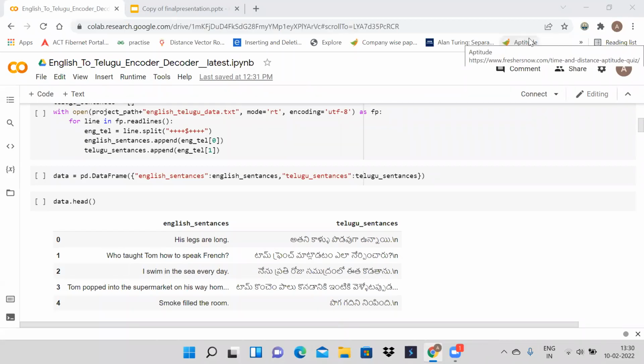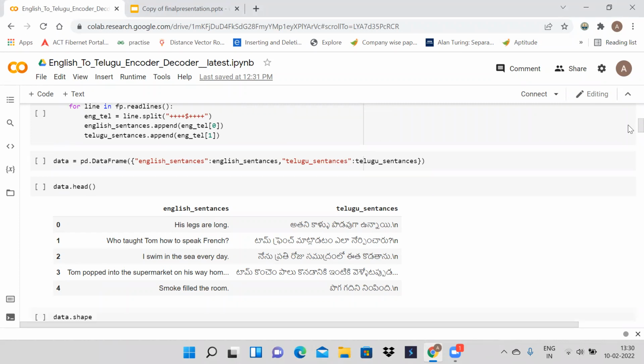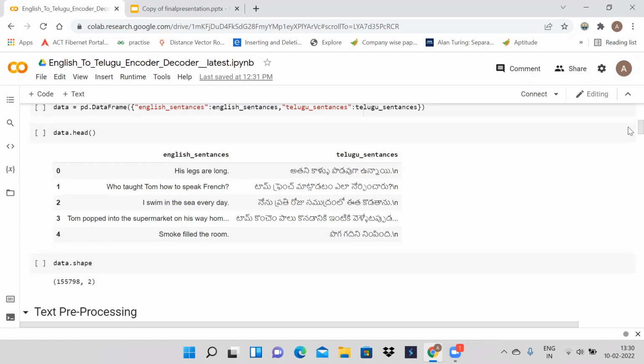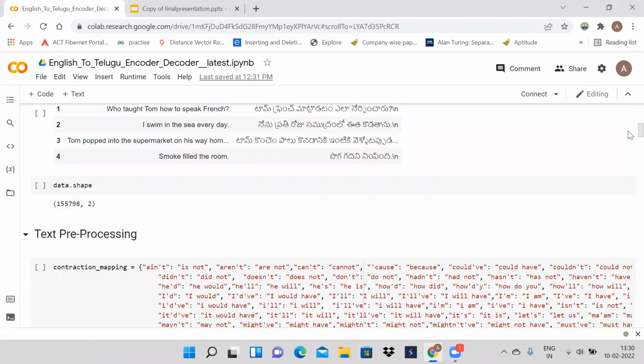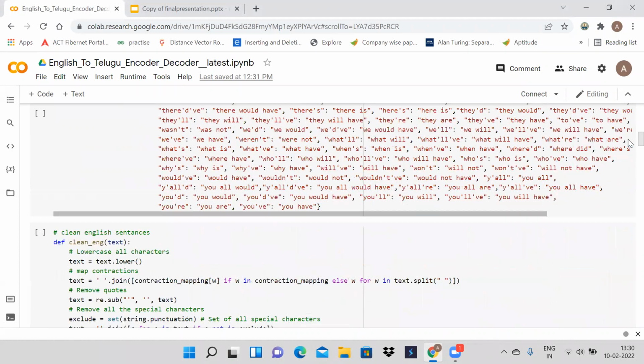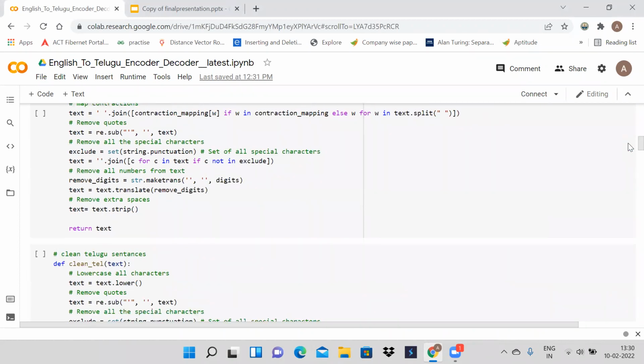The data set which we are using for the input of the translation model is an English to Telugu data set, which consists of 150,000 pairs of sentences, each containing an English sentence and its corresponding Telugu sentence. Before training the model, we are performing all the necessary pre-processing tasks and the tokenization process.